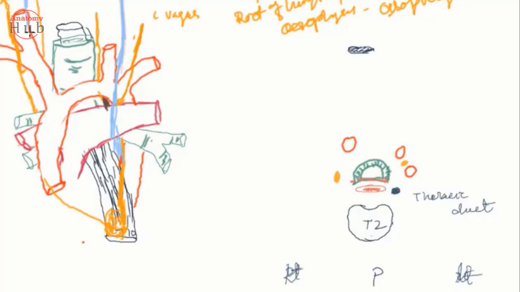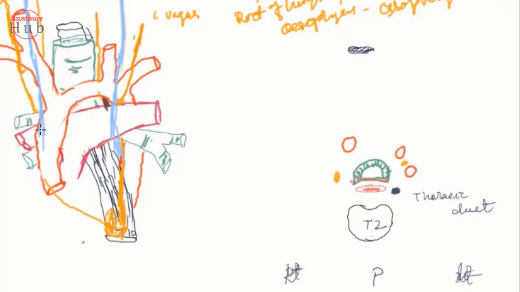Like that, at the brachiocephalic trunk, here you will find another nerve, that is the right phrenic nerve. That right phrenic nerve descends downward. It is coming from C3 to C5. Then it descends downward, anterior to the right brachiocephalic trunk, anterior to the root of the lungs.